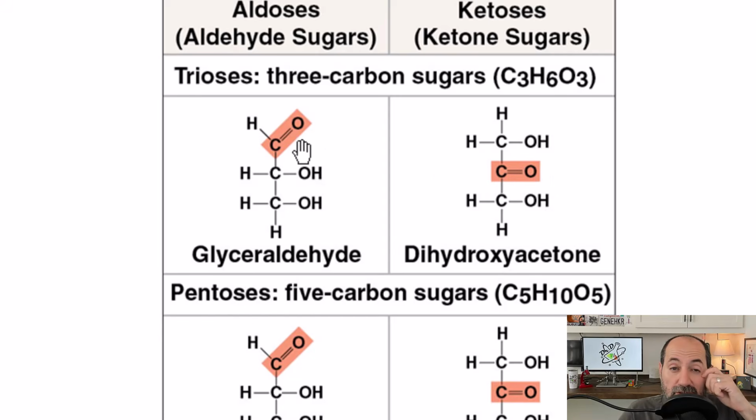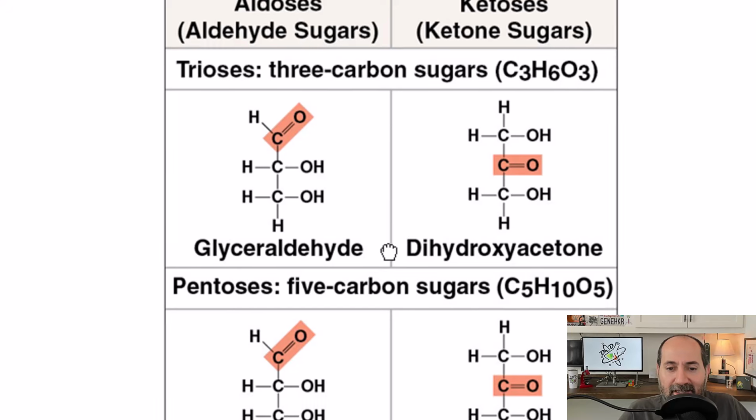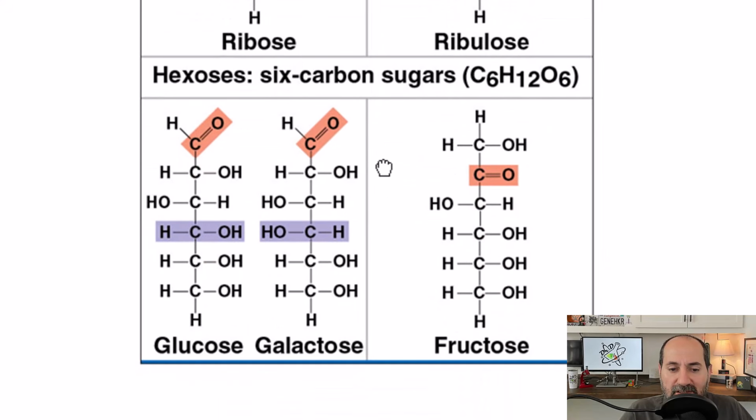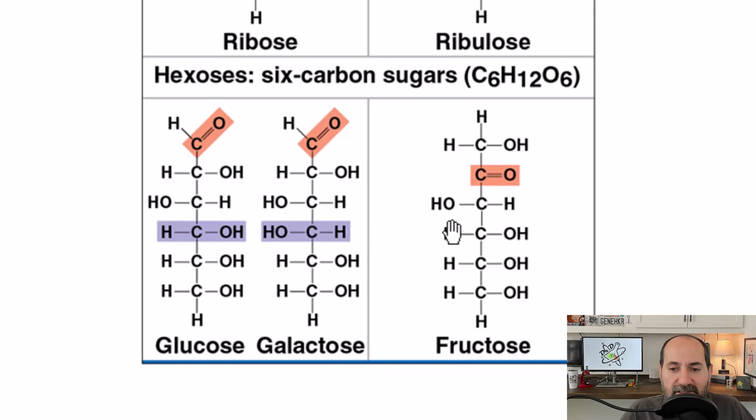Well, the aldose sugars have an aldehyde carbonyl group, while the ketose sugars, or the ketone sugars, have a ketone carbonyl group. Okay, and then below that, look, you can have isomers of ribose as well. So ribose has an aldehyde carbonyl group, whereas its isomer ribulose has a ketone carbonyl group. And look at this. All three of these are C6H12O6.